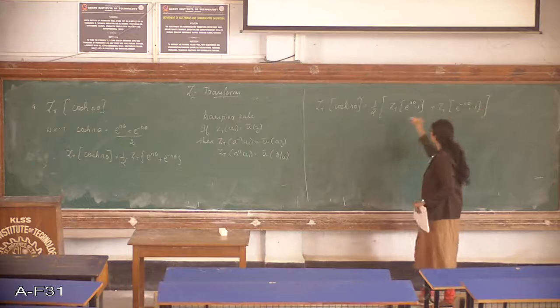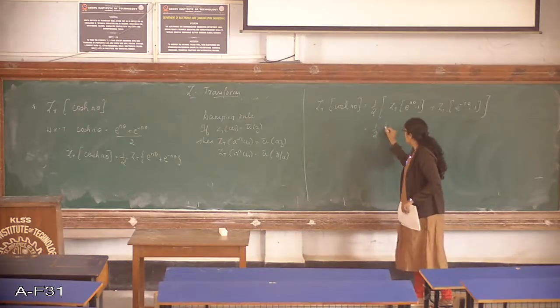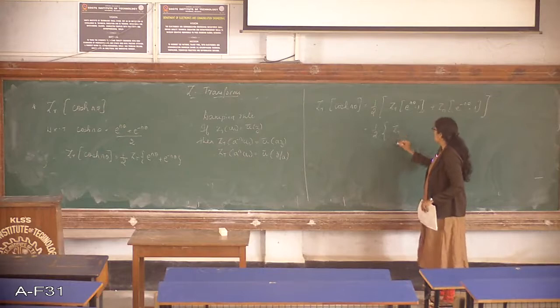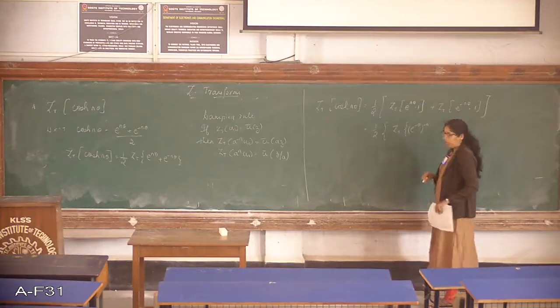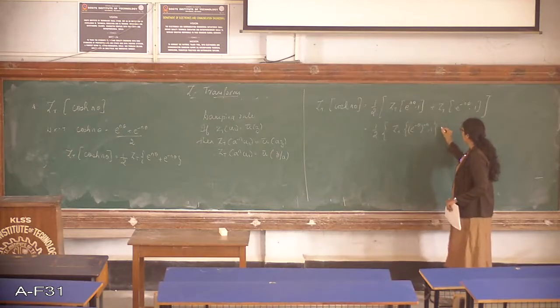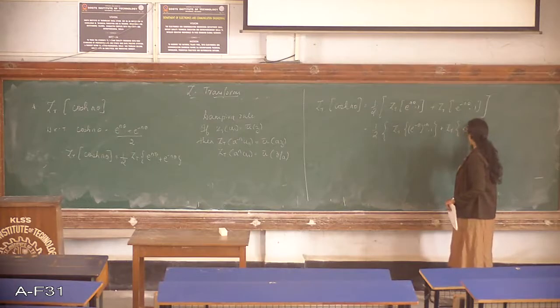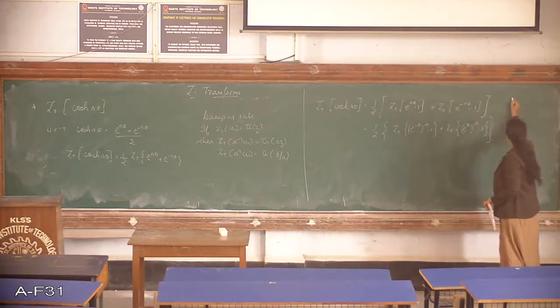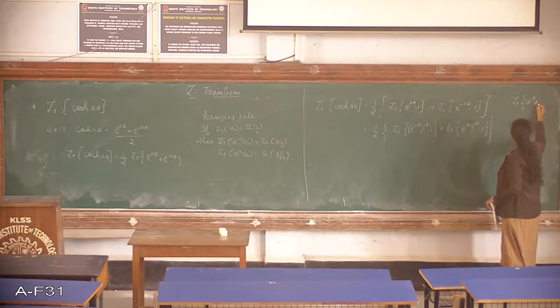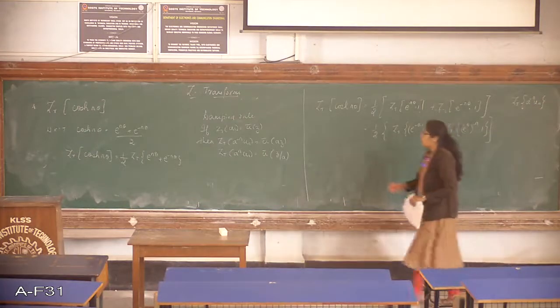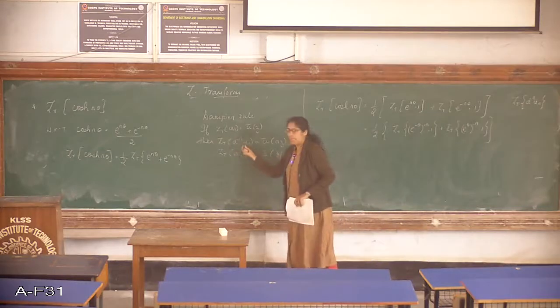Now this can be written as half times the Z transform of e raised to minus theta, whole raised to minus n, into 1, plus the Z transform of e raised to theta, whole raised to minus n, into 1. If you look at this, it is of the form Z transform of a raised to minus n into some function, say u n. That is of the form a raised to minus n u n.